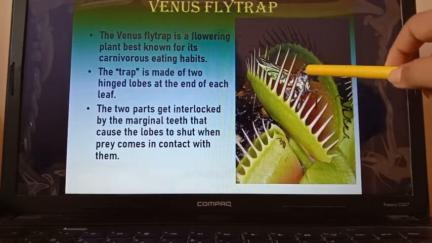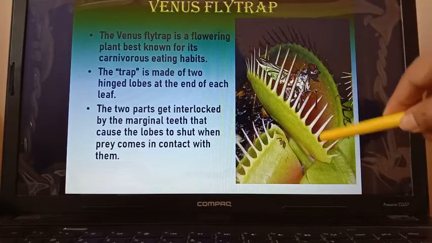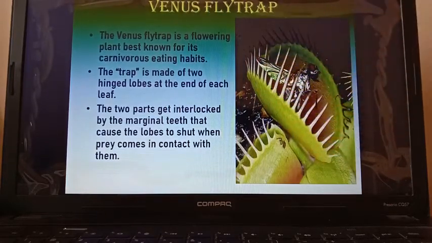This modified leaf blade, or these two parts, are attached or joined at the middle by one hinge, like doors. Doors also have a middle hinge by which they can open and close.